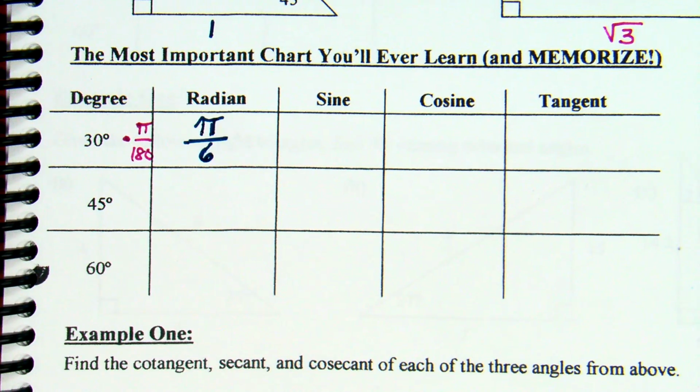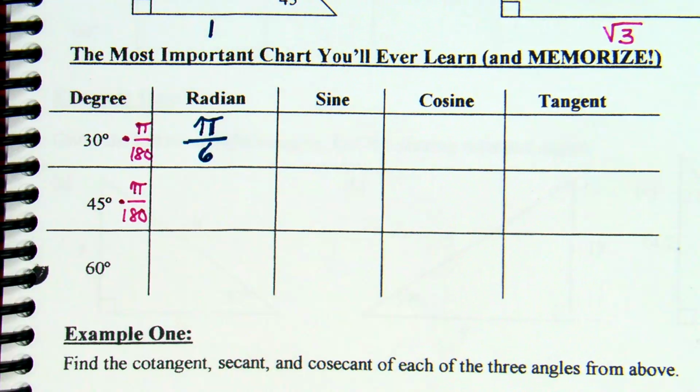Let's go ahead and do that whole radian column. 45 degrees. How do you change 45 degrees to radians? Multiplying by pi over 180. Do the math. What was it?